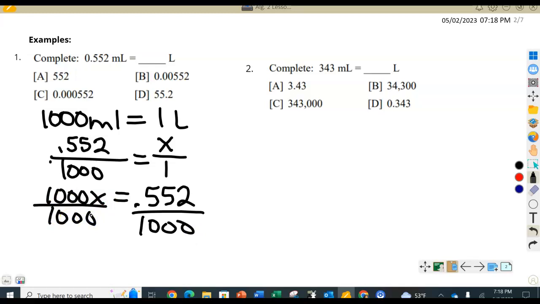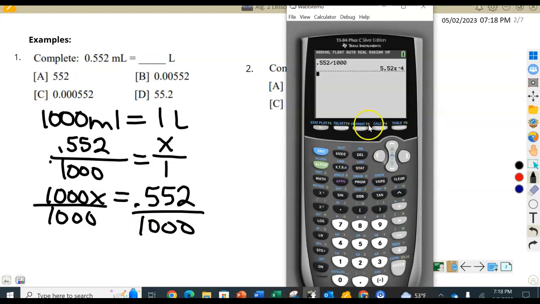So this number is going to get smaller. But if you don't know which way to move the decimal, go ahead and type it in your calculator, 0.552 divided by 1,000. In the calculator, it's going to show up as 5.52 E to the minus 4.